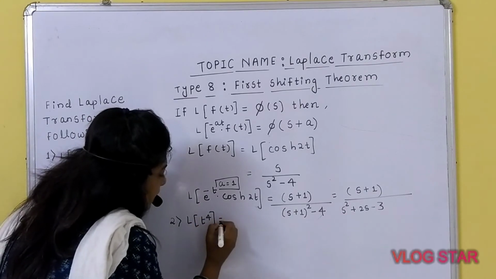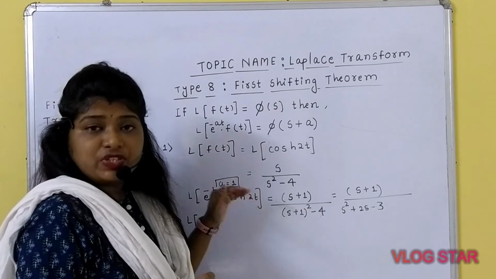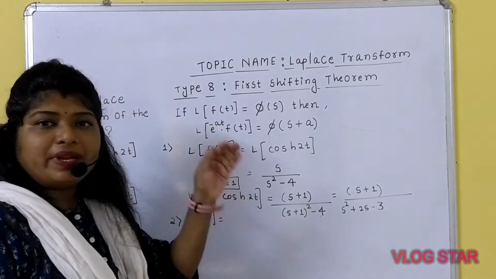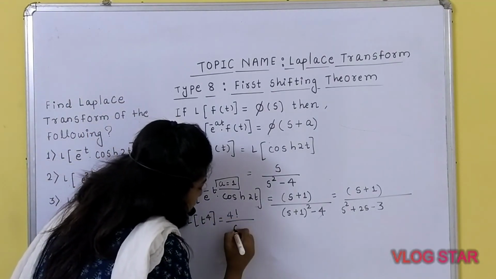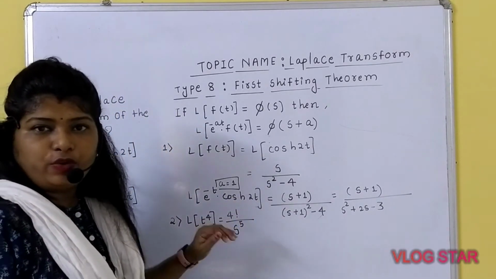Which formula will you apply? Laplace of t raised to n is equal to n factorial upon s raised to n plus 1. So in this case, 4 factorial upon s raised to 4 plus 1, which is 5.